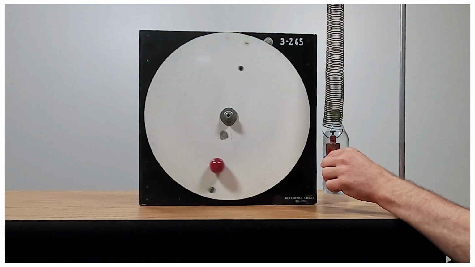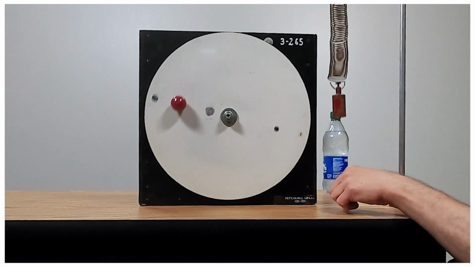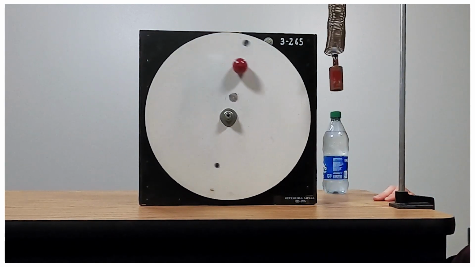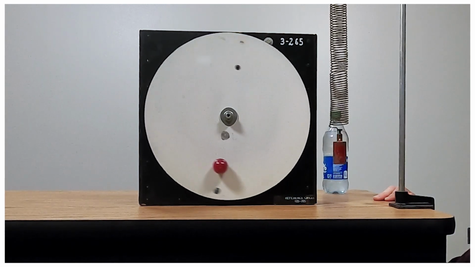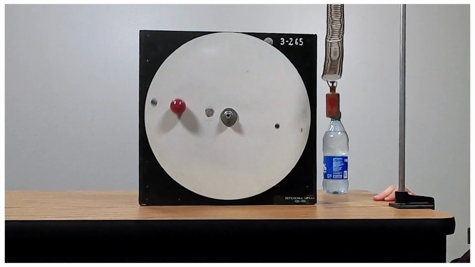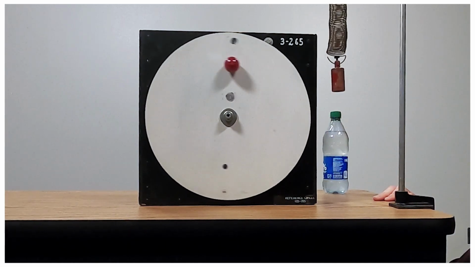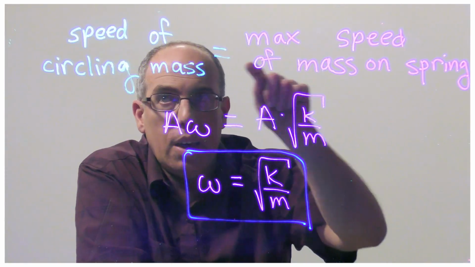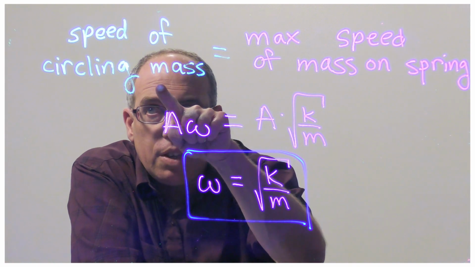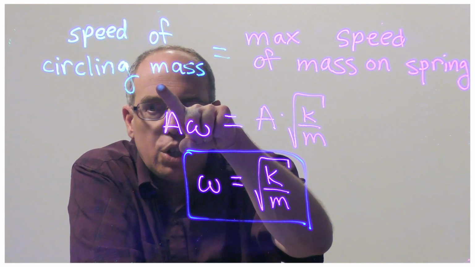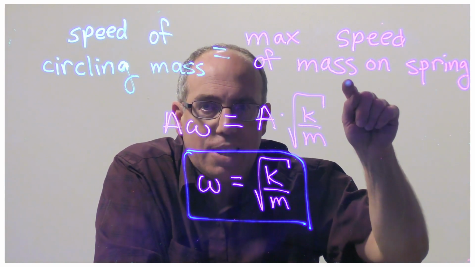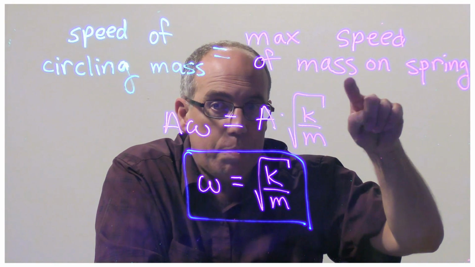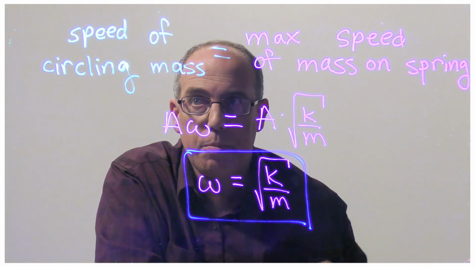We see then that the speed of the circling mass and the speed of the mass on the spring match only at the moment where that mass on the spring takes on the maximum value of its speed. In other words, the speed of that circling mass, which is always the same, must be equal to that maximum speed taken on by the mass at the end of the spring.